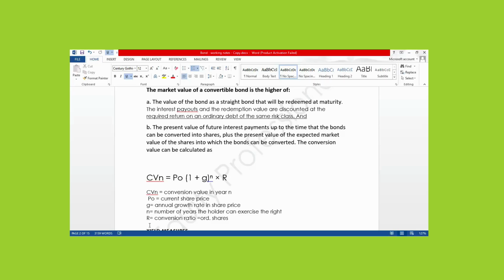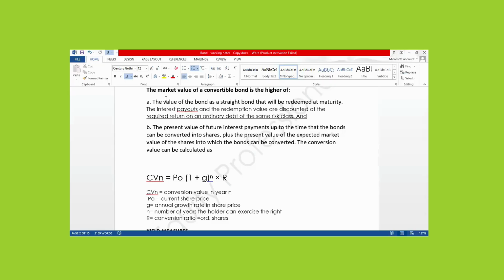Now, you now have the two methods. You have alternative one, the convertible value. You have alternative two, you can value as a straight debt. Now look at this clause. The market value of a convertible bond is the higher of alternative one or alternative two.